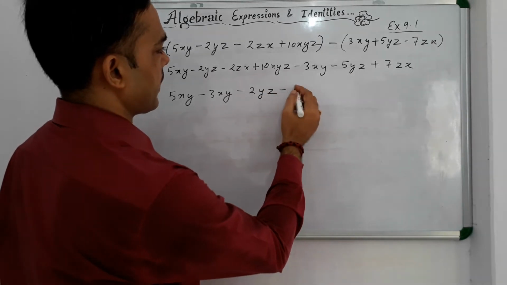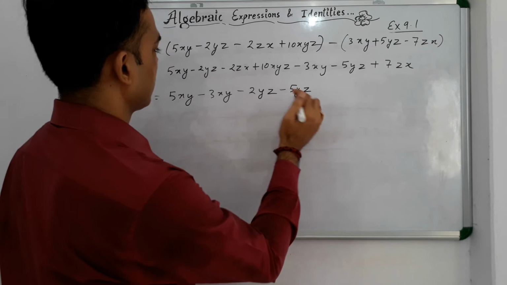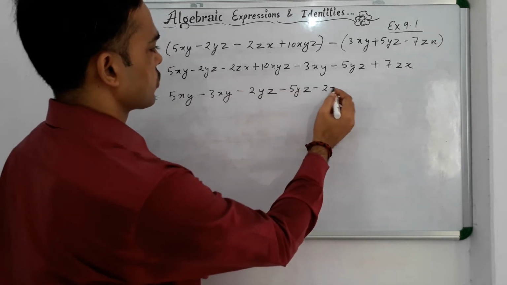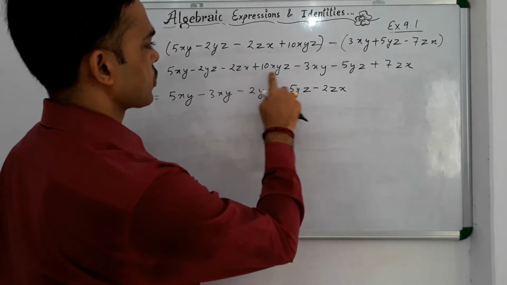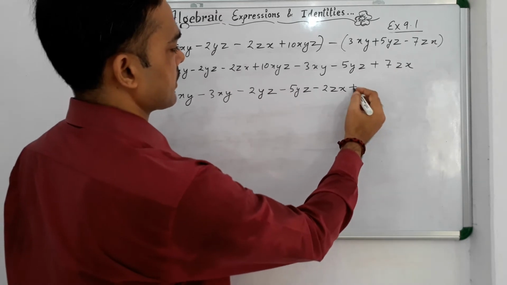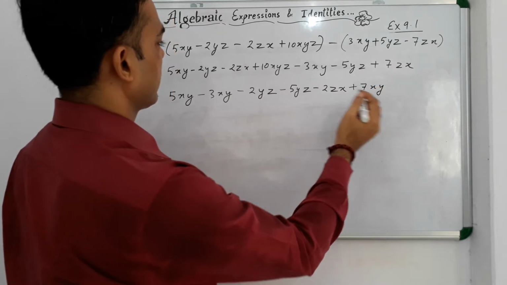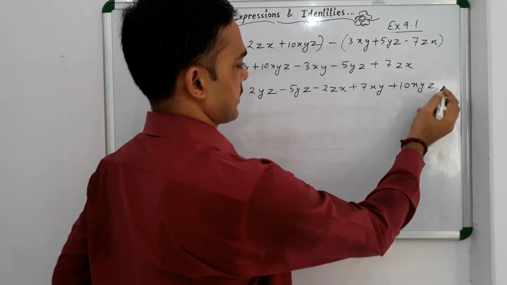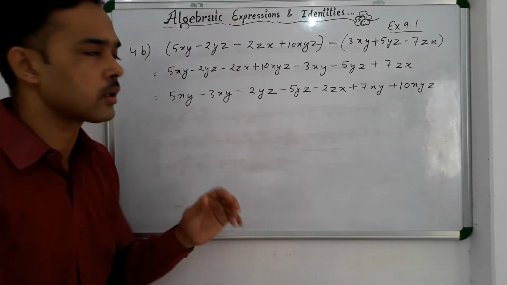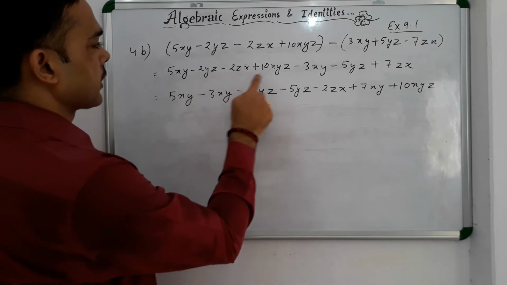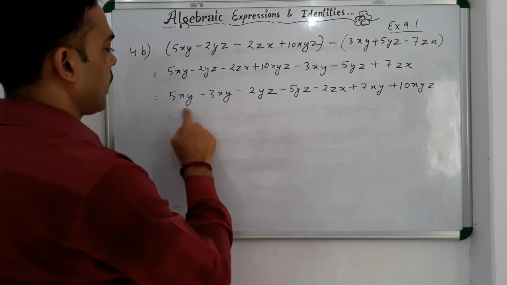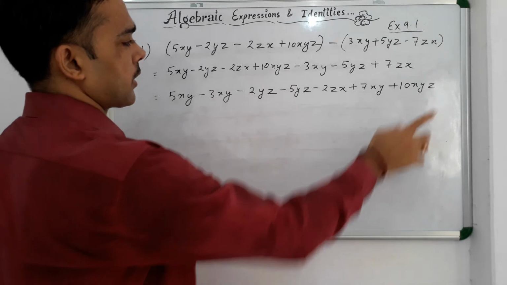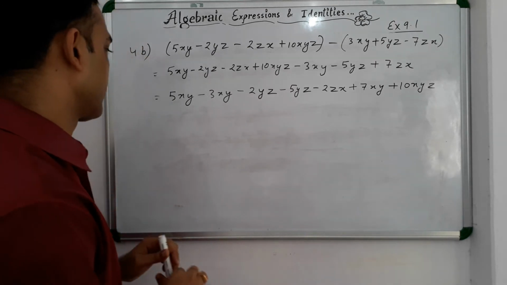It's here, so minus 5yz. Then minus 2zx, minus 2zx plus 7zx. Then plus 10xyz. Let us see whether I have written all the terms or not. 1, 2, 3, 4, 5, 6, 7. 1, 2, 3, 4, 5, 6, 7. It means all the terms are written.